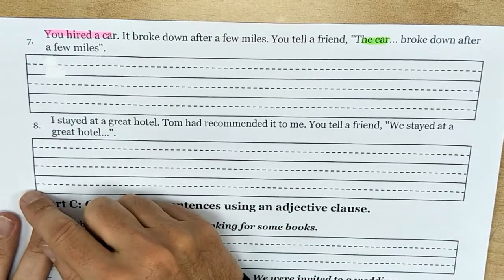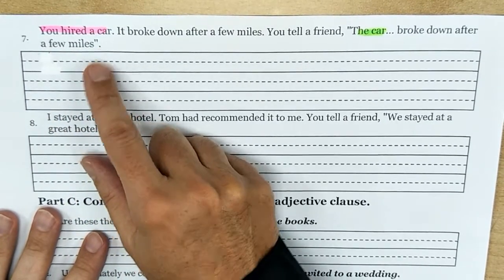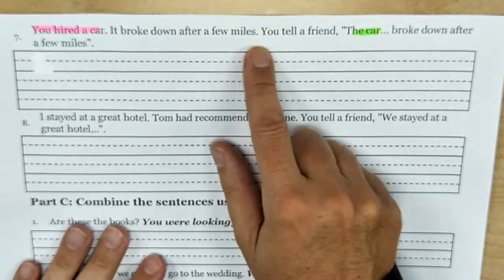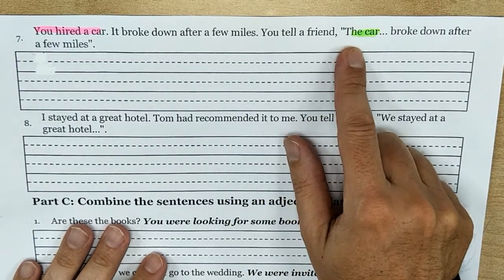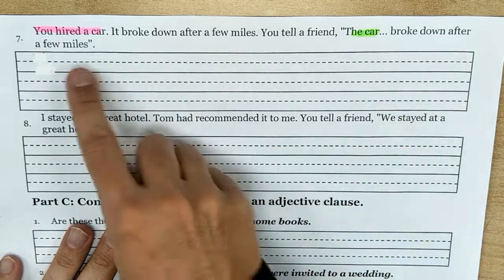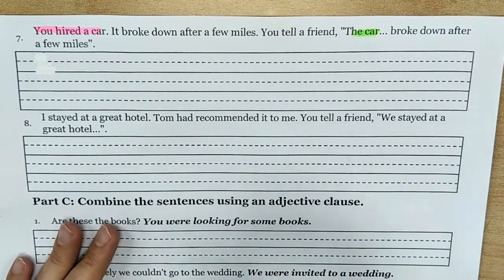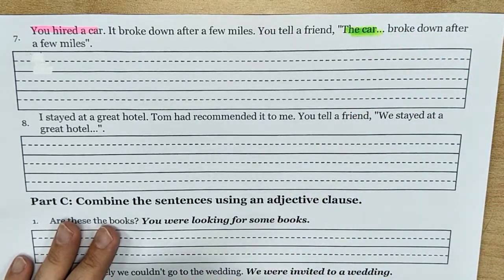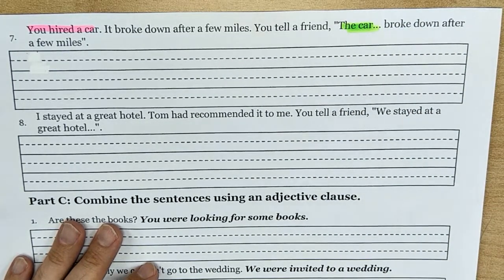Okay, number 7. You hired a car. It broke down after a few miles. You tell a friend, "The car, blah, blah, blah, broke down after a few miles." Well, the noun we want to describe is the car. What about this car?